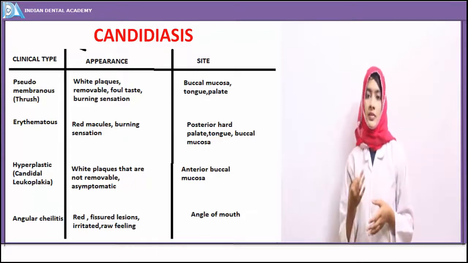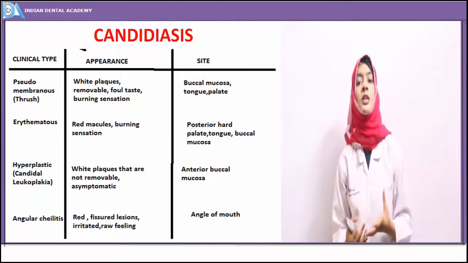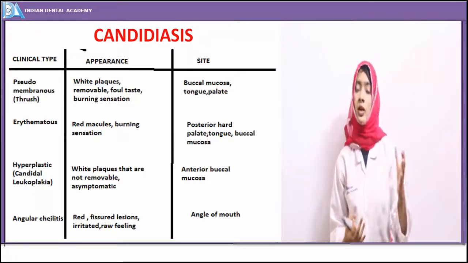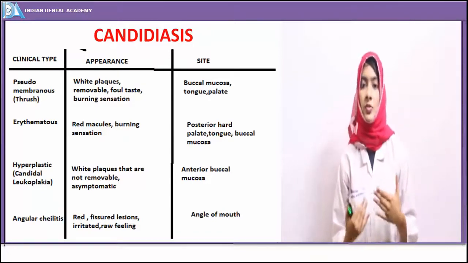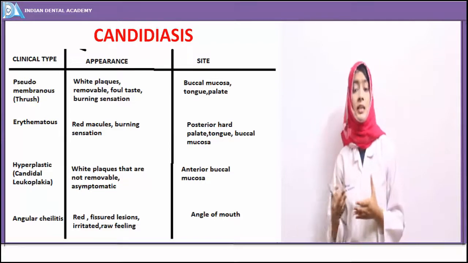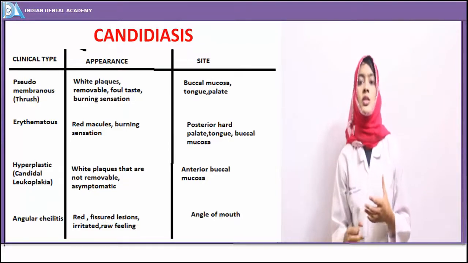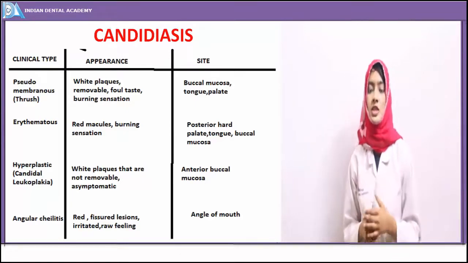In an HIV affected individual, the patient is immunocompromised, the immune system is affected. So in such cases of immunocompromise, and with the usage of cytotoxic drugs, the resistance of the body is lowered and the normal inhibitory flora are reduced. That predisposes such individuals to the development of candidiasis.